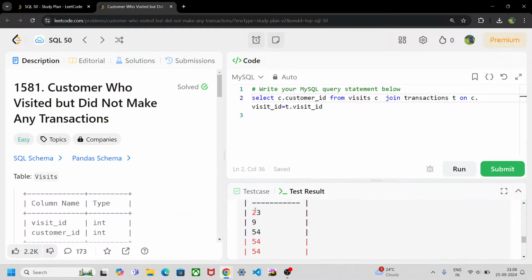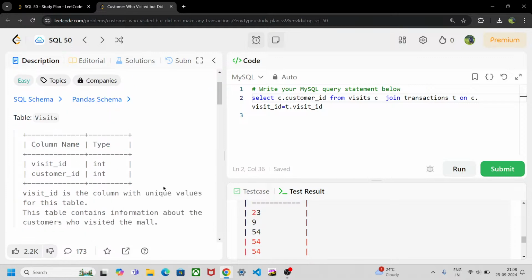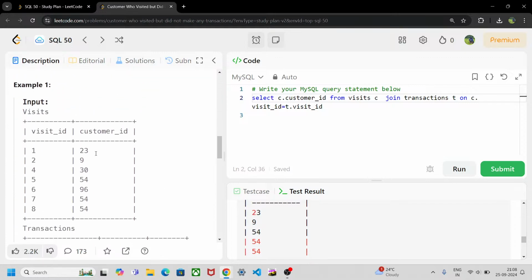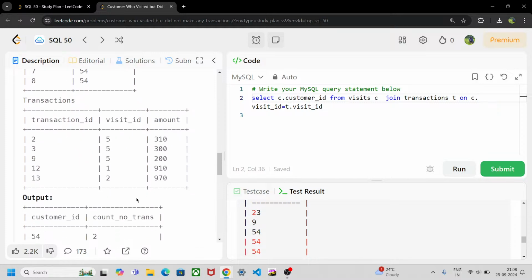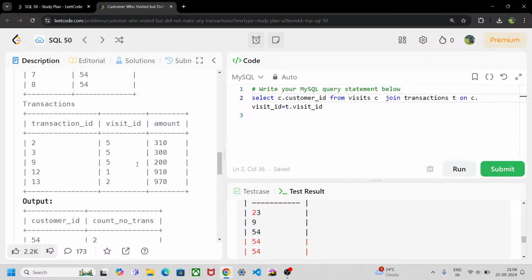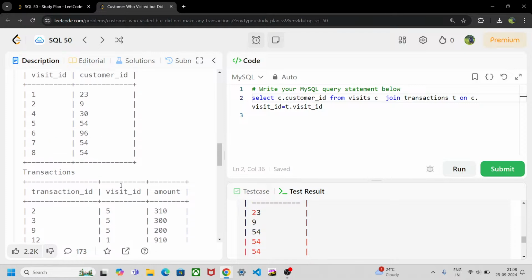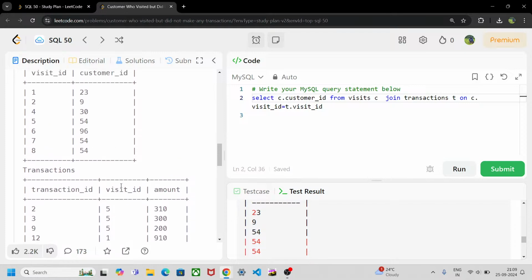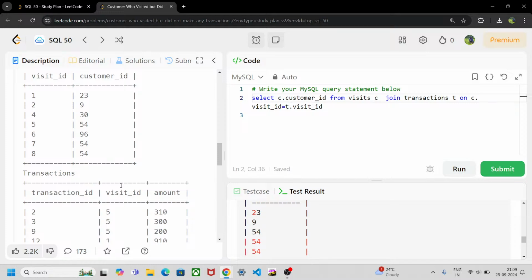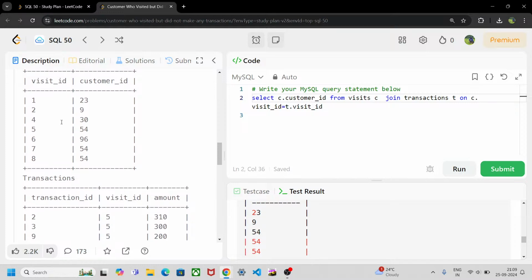When we join, we will see 23, and 54, 54, 54 because that is common. Where is this 54? Oh, okay.